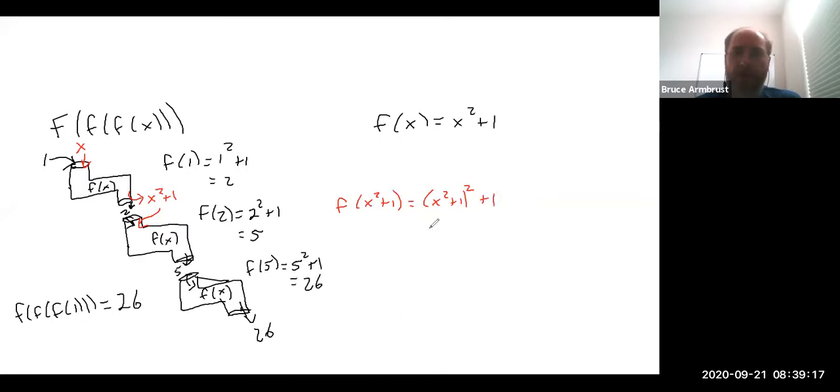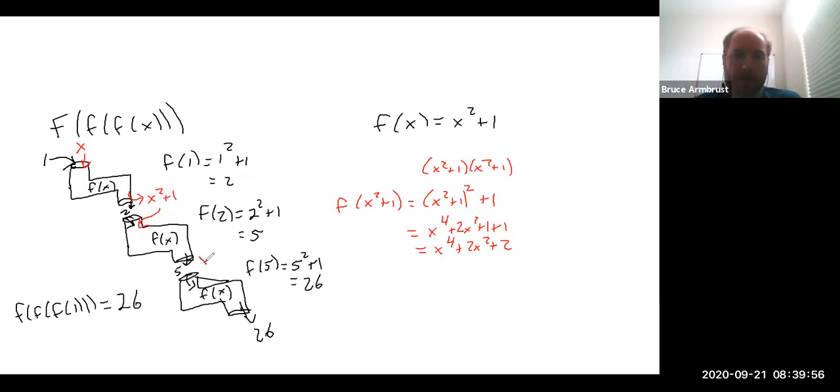So when we square this, we're going to get x to the fourth plus 2x squared plus 1, plus 1, which is x to the fourth plus 2x squared plus 2. And that extra piece, 2x squared, comes from FOILing. Don't forget, you can't just pass a square through here because of the addition. What's really going on is you've got x squared plus 1 times x squared plus 1. And if you FOIL that, that's where all those pieces come from.